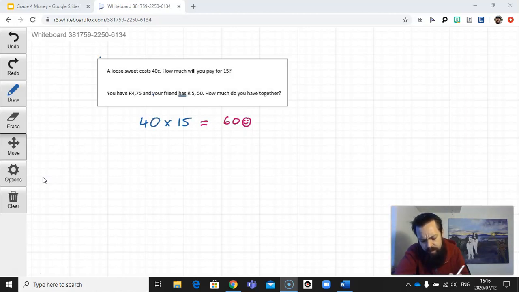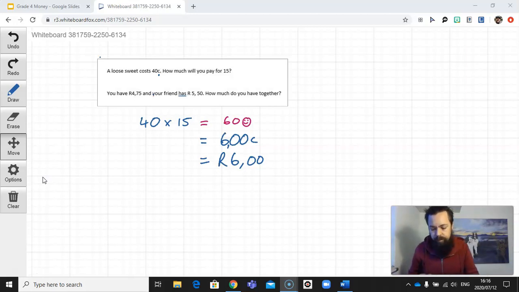Does that mean that you are going to pay 600 Rand? That sounds ridiculous. But we're working with cents, so this is 600 cents. Now, to put that into a Rand value, we've got to put our comma in, and so we get R6,00. So we pay 6 Rand for 15 sweets.